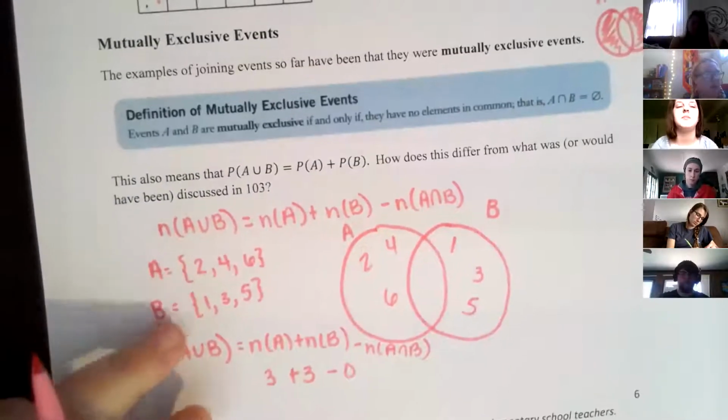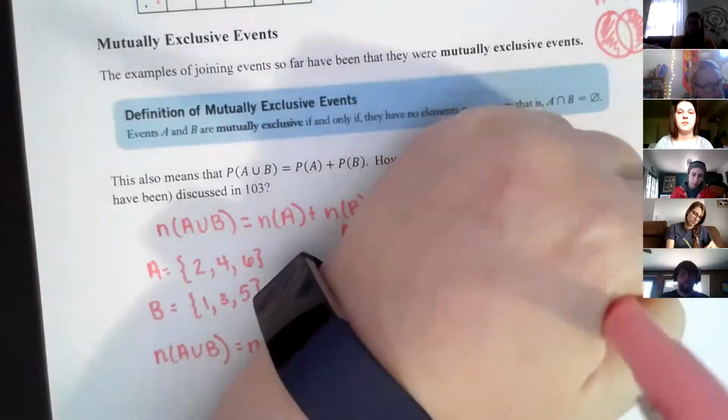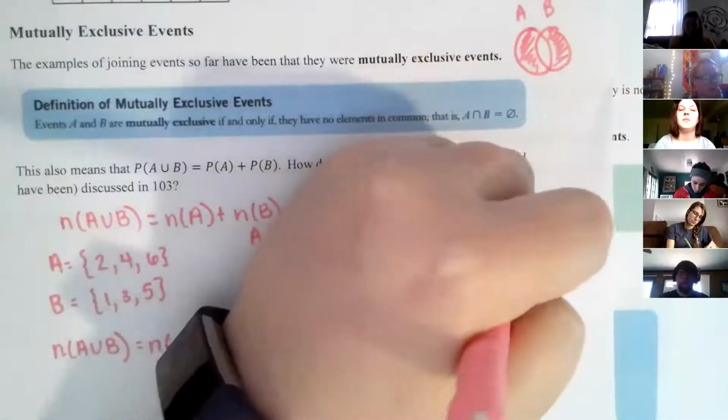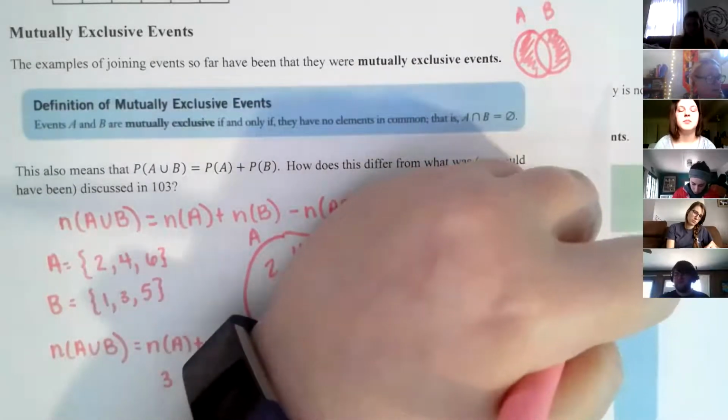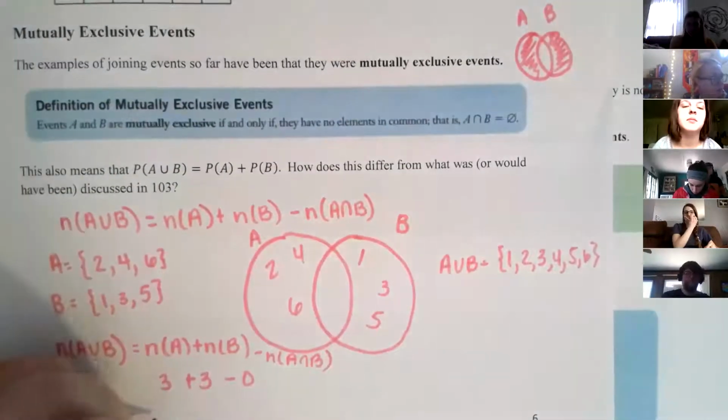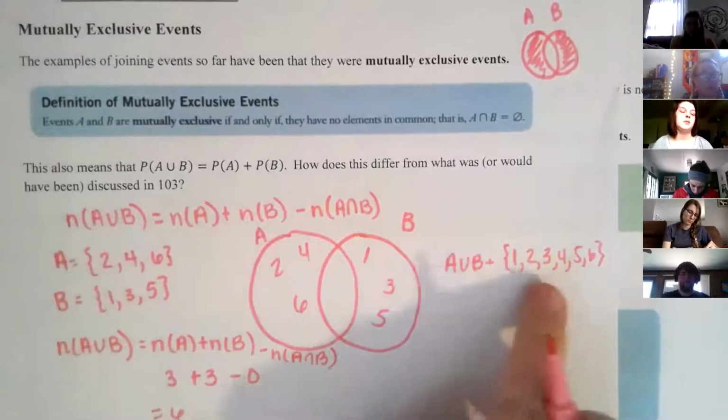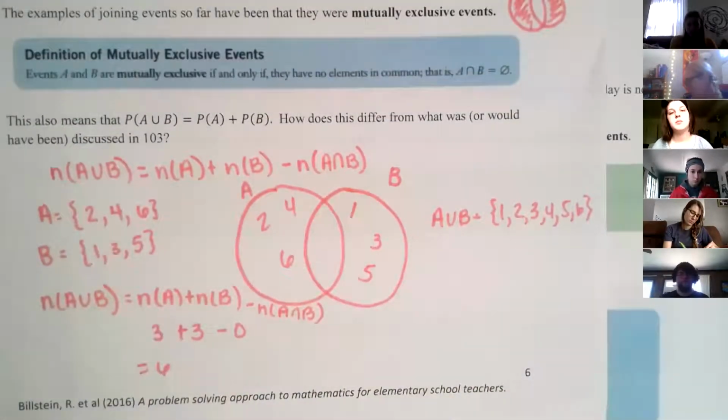If I put these two together to make the set A union B, that's going to be the set 1, 2, 3, 4, 5, 6, which is 6. And if I count those, 1, 2, 3, 4, 5, 6, they're the same.